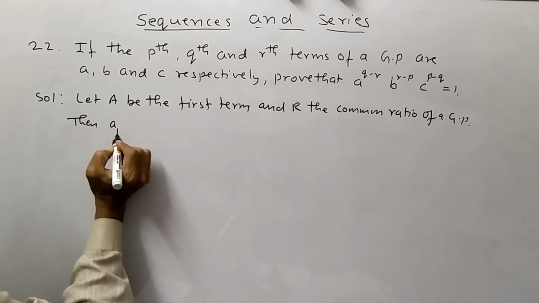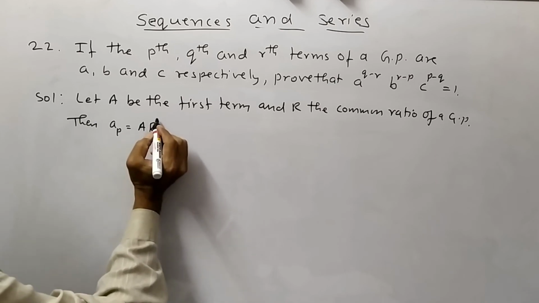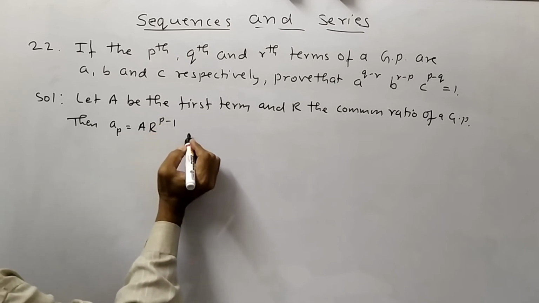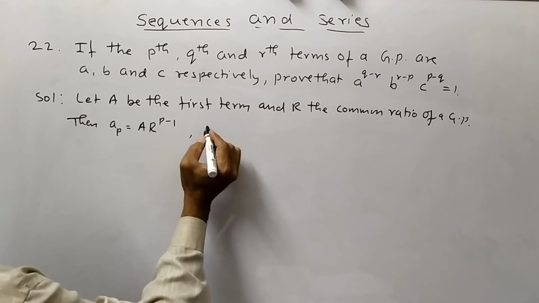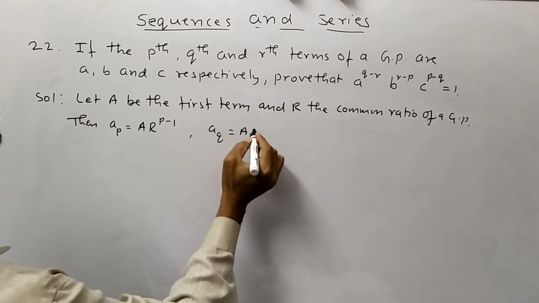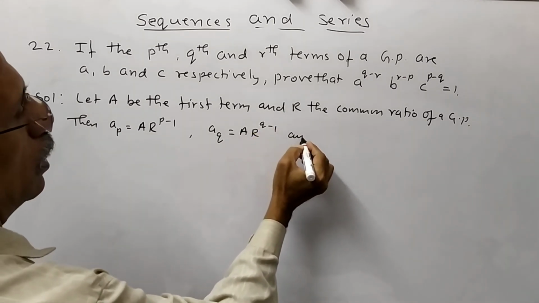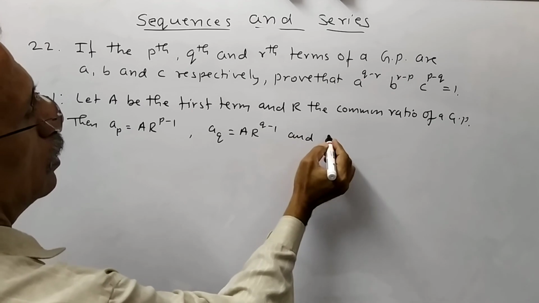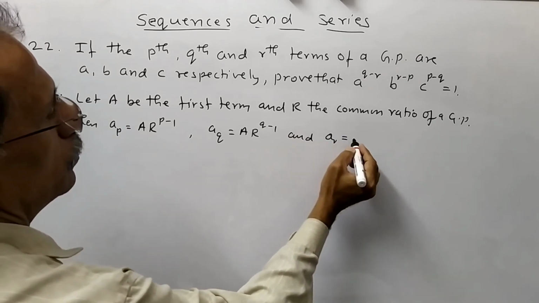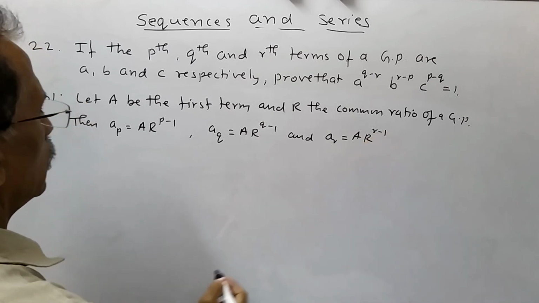pth term AP is equal to A into R raised to the power P minus 1. AQ is equal to A into R raised to the power Q minus 1 and AR is equal to A into R raised to the power small letter r minus 1.